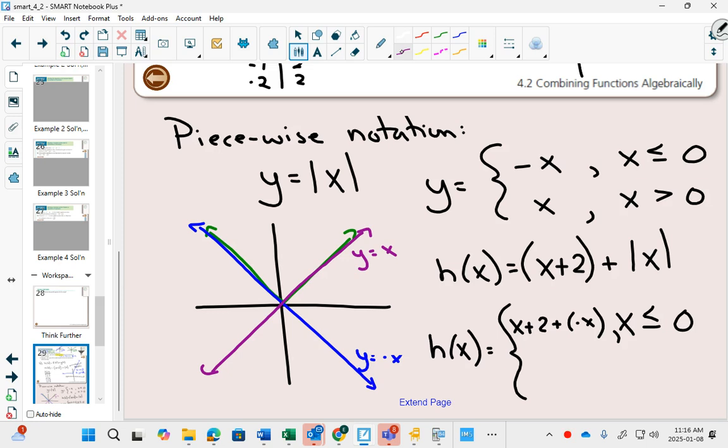And if x is bigger than 0, then I can change the absolute value of x to just x, and I would get x plus 2 plus x.